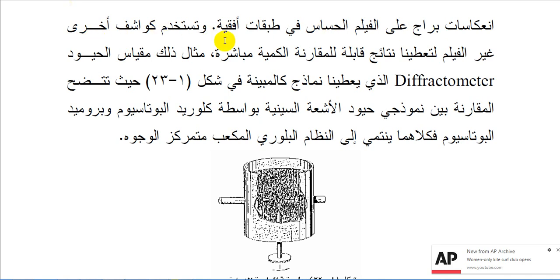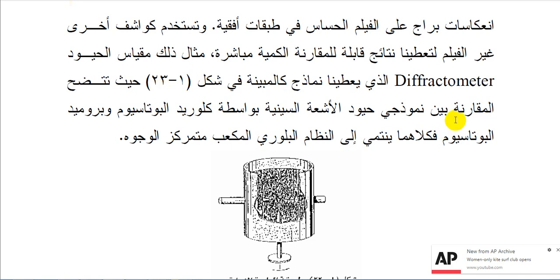Many further agents are used besides the film to give us very quantitatively comparable results directly. As an example, the diffractometer gives us very qualitative or quantitative models, as illustrated in figure 123.